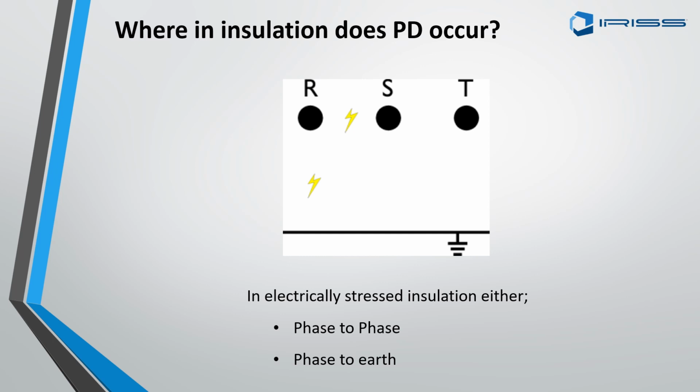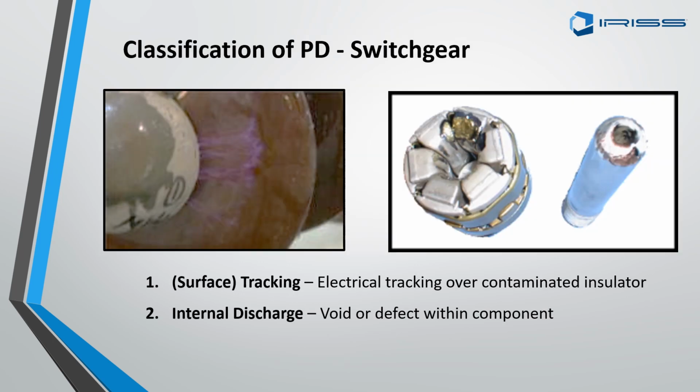So where's it happening? As I mentioned, it can either happen phase to phase between different components, or it can happen between phase and ground. So either of those stresses can be taking place, and we need to be mindful of both of them. When we have these events, they typically happen either on the surface of the insulator, the surface material.